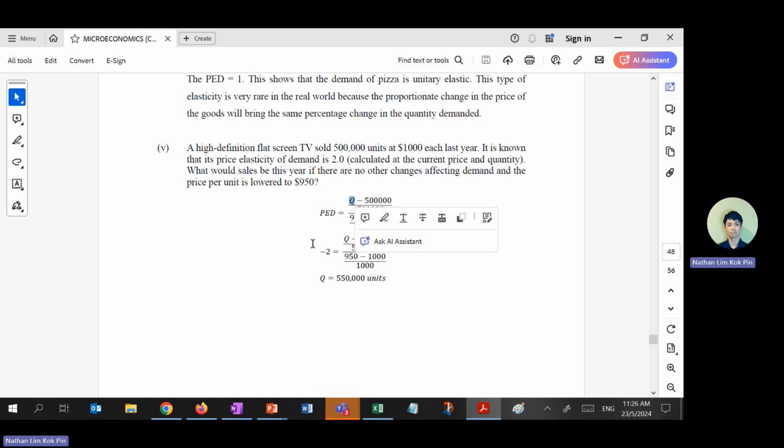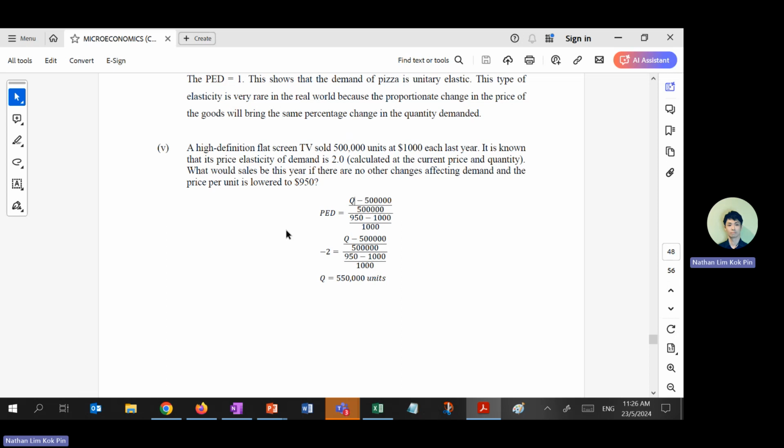Make sense? So if you want to find back, because this is what the maths likes to do, no? Sometimes they don't ask you to find the answer, but they ask you to find the original value. This is what we do also in econs. Make sense? Because we follow maths, what do you want to find? Q1. What's the latest quantity? So you have to put Q minus the original quantity, 500,000 divided by 500,000, then divided by P1.